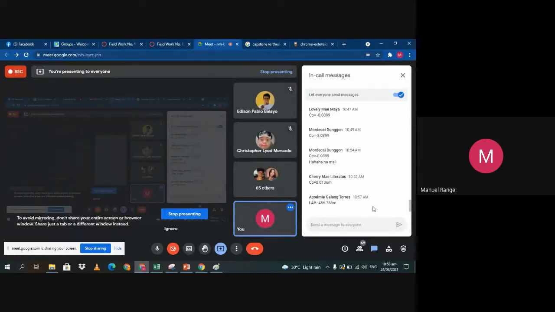Tapos nakalapag na dito sa bangko. Attendance mo dito. Nasa folder.